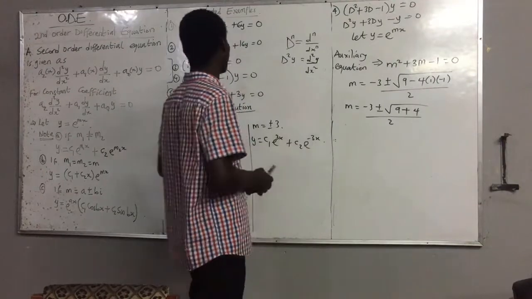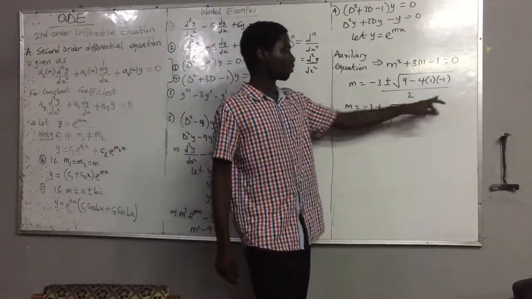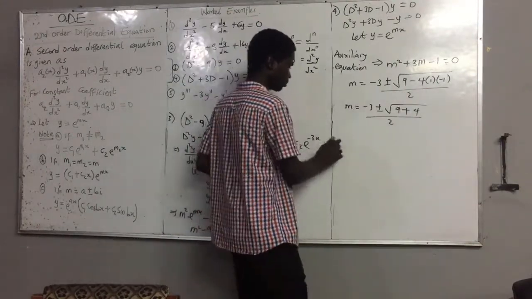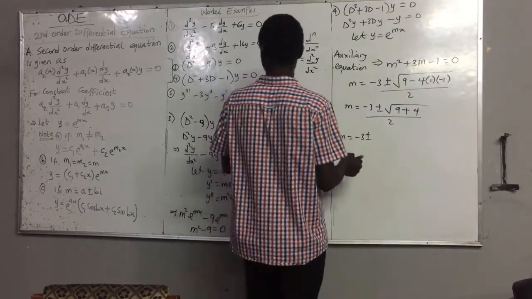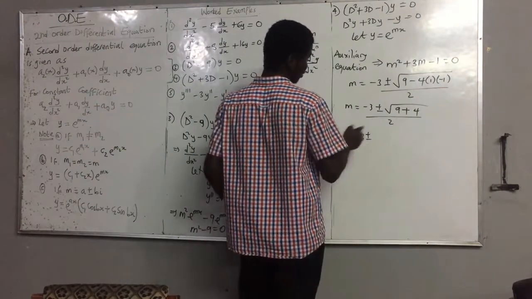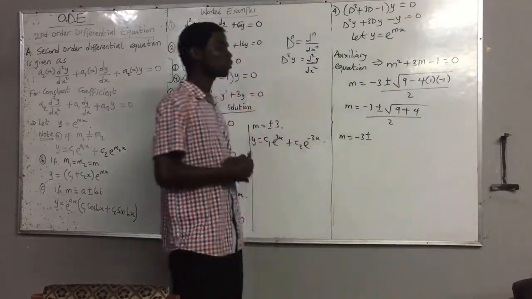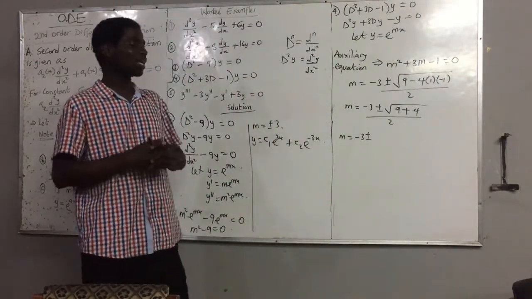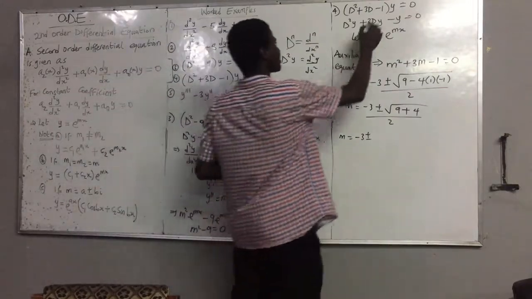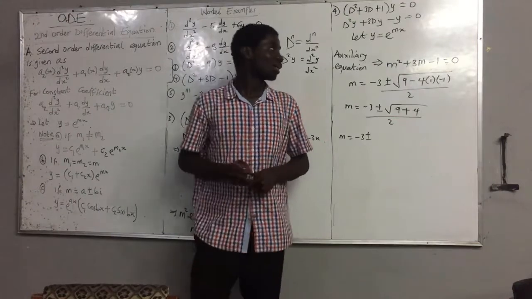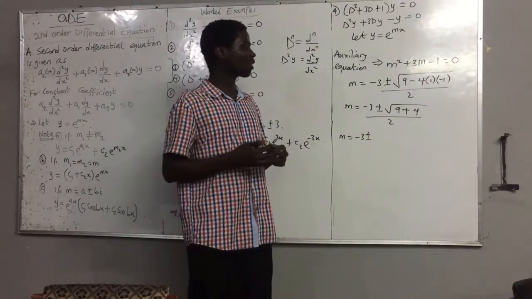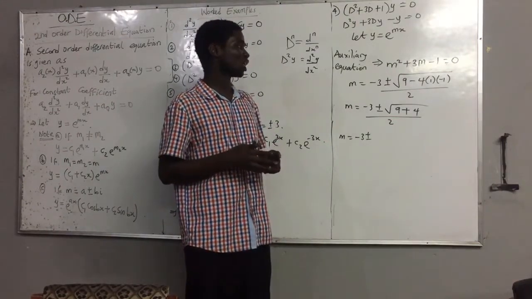So what do I have at the end of the day? 9 plus 4 is 13. m equals minus 3 plus or minus root of 13. Actually I wanted to make this one plus so that you will see an example on this third part, but even if I make it plus, it doesn't change anything.